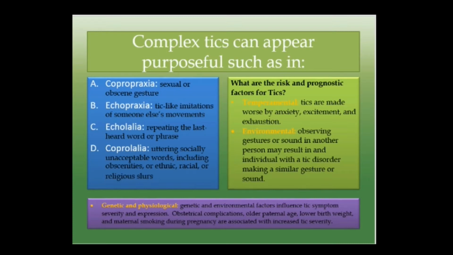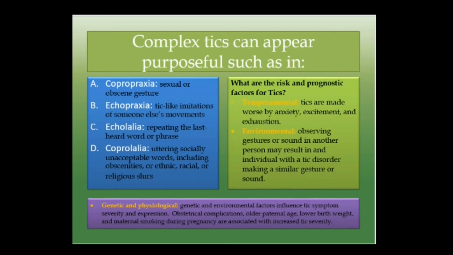And number two, the environment has been implicated. When one observes gestures, when one listens to sounds of somebody else who has tics, it is possible for them to copy, to simulate, to begin to make those similar gestures.